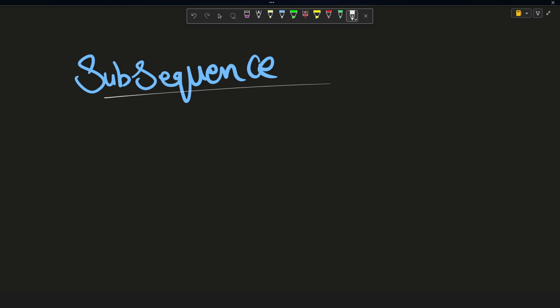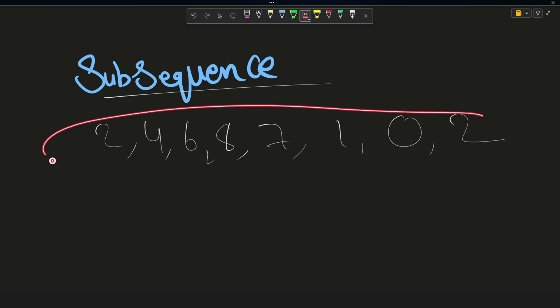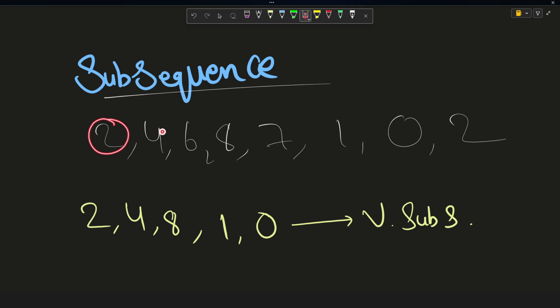Suppose we have the following array. We select elements like this 4 and this 8; after we selected this 4, we did not select this 6, we directly selected this 8. That is the only definition of a subsequence: you can leave some elements in between and move to the next elements any number of times as you want. So this is an easy thing.